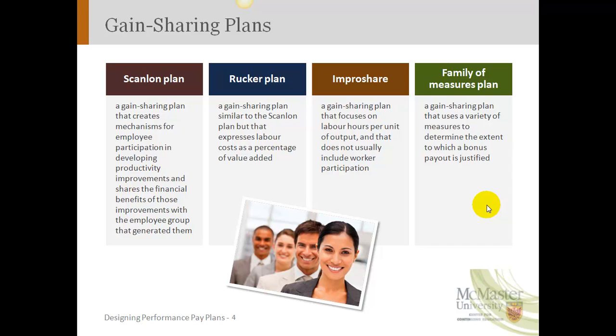It can also look at productivity improvements or decreased labor costs for each unit of output, as we did with ImproShare. It can look at a combination of things. It could even look at achieving greater quality levels in product, decreasing accident rates, those kinds of things.